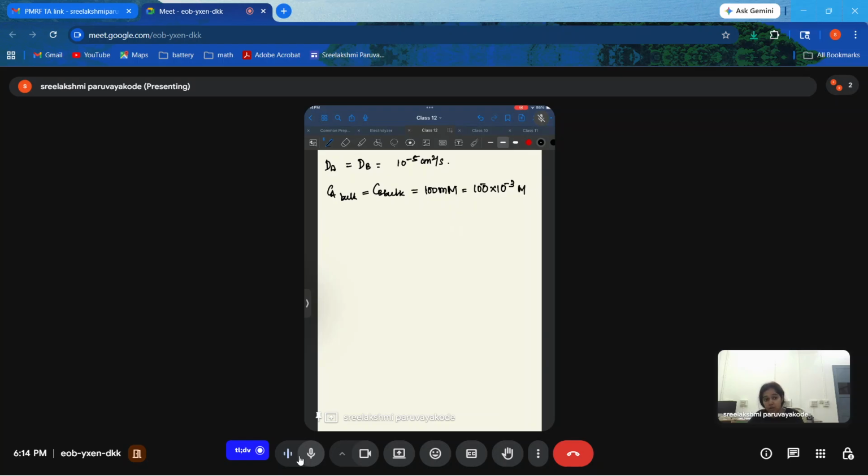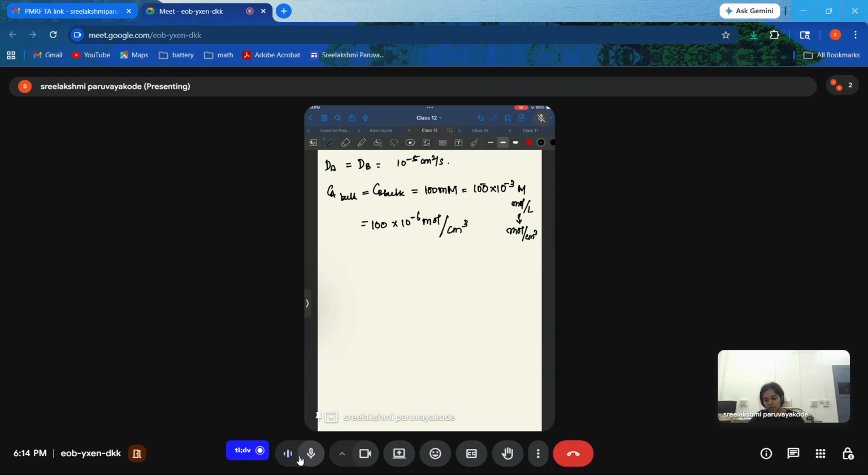Now, molar is mole per liter. I want to convert it to mole per centimeter cube. To do that, I'm going to multiply it with another 10 to the power minus 3. So totally 10 to the power minus 6 mole per centimeter cube will come.